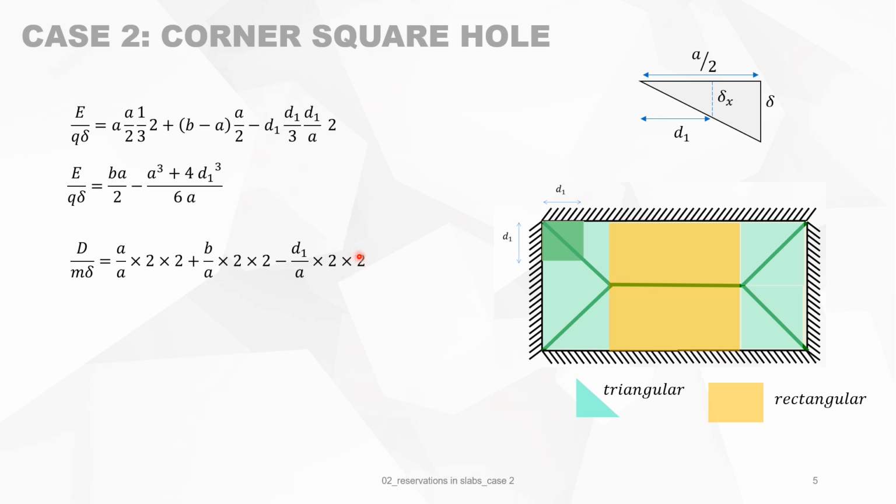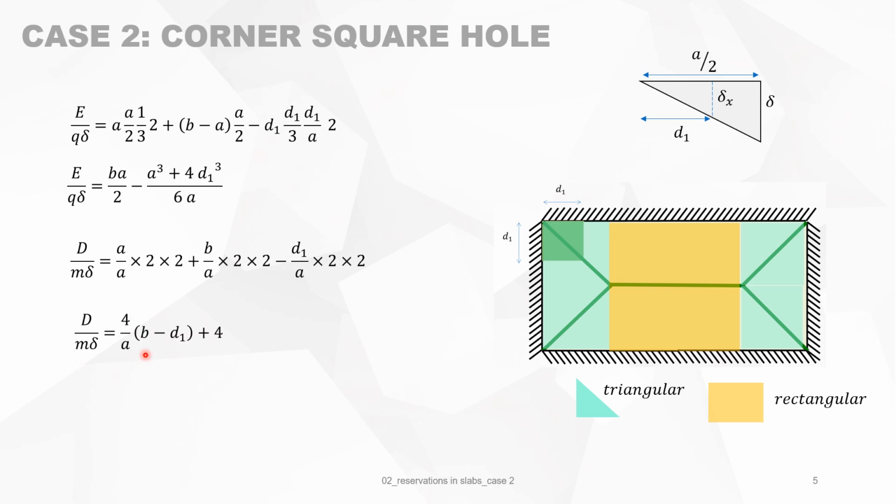So we have 2 times d1, the length, multiplied by the angle, not the deflection itself, but the angle, which is delta divided by A over 2, sorry.